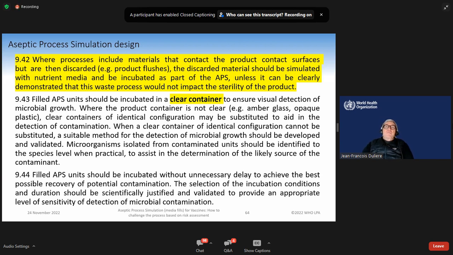If you cannot substitute, for the APS, as it is media, you will need to substitute this amber glass or other packaging materials by clear materials. Filled APS units should be incubated without unnecessary delay to achieve the best possible recovery of potential contamination.